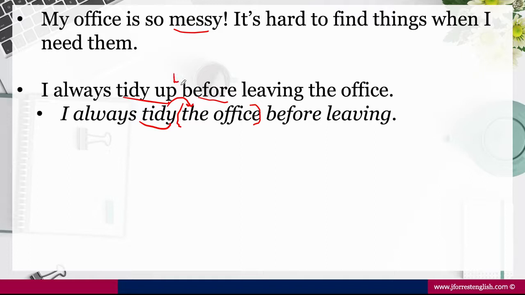So if you're not going to specify the what, you can use the phrasal verb tidy up. If you want to just use the verb tidy and not the phrasal verb, then I suggest specifying the thing. I always tidy the office before leaving.